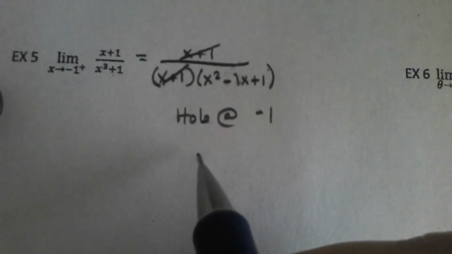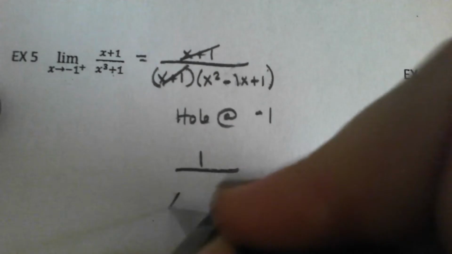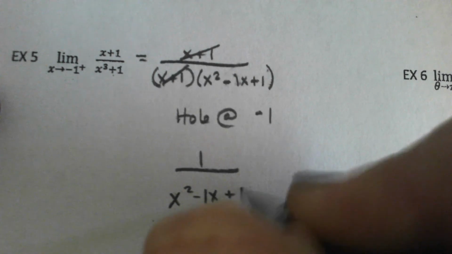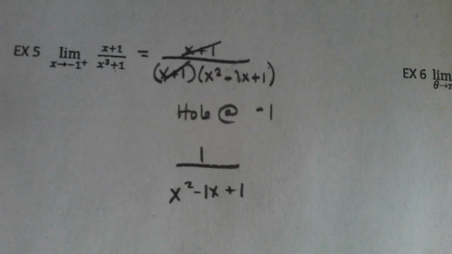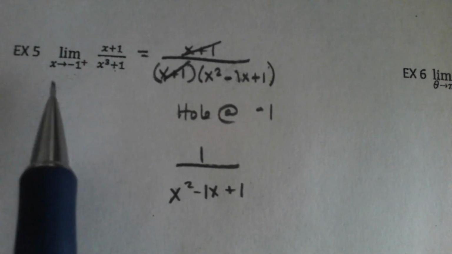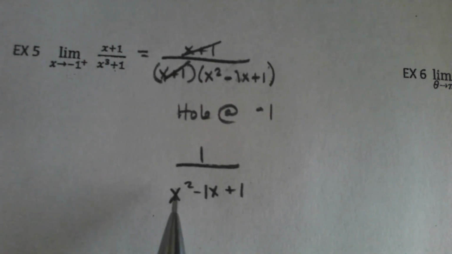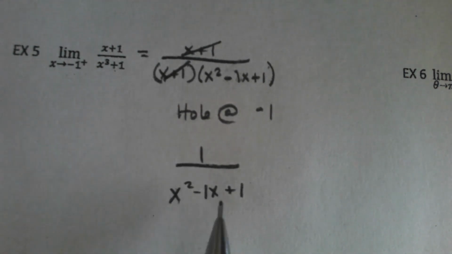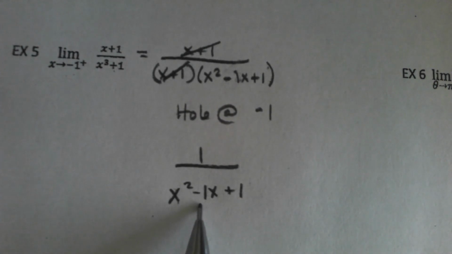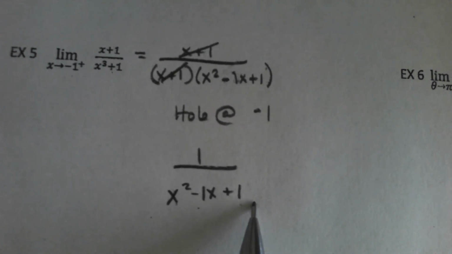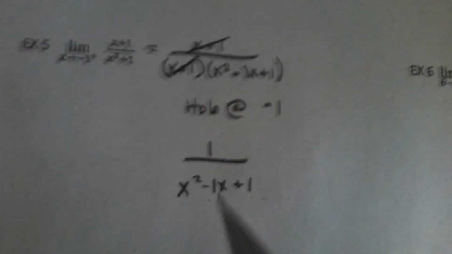And this whole thing just reduced to 1 over x squared minus x plus 1. So maybe, forget from the right, I should just check it anyway. So if I directly evaluate and plug in negative 1, I get 1 plus 1 plus 1, which is 3.